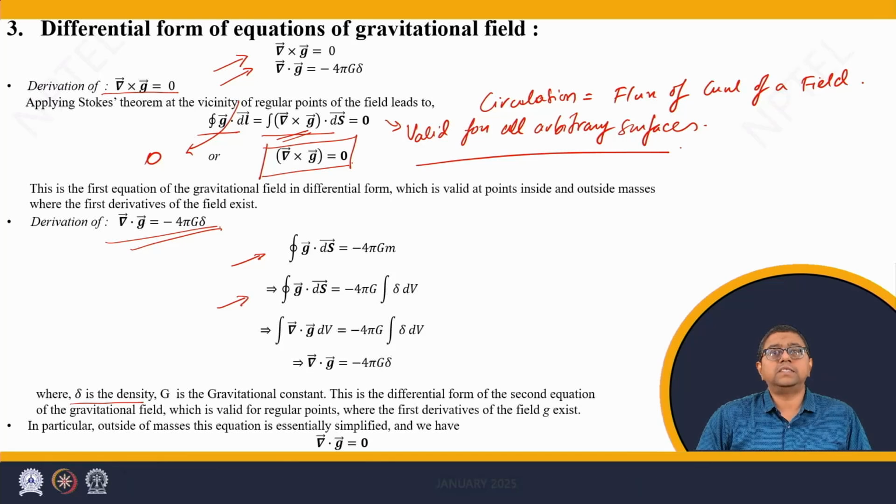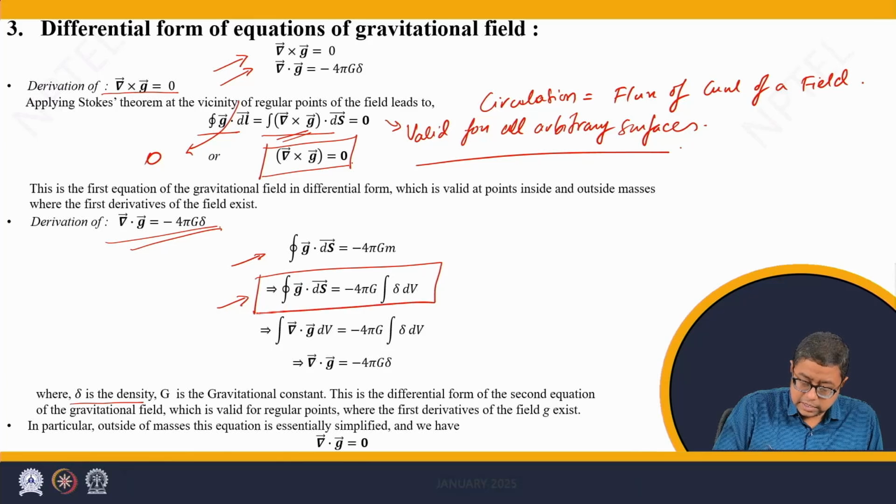Denoting M as the integral of δ dV, which is nothing but density times volume, we can obtain the integral g dot dS equals minus 4π capital G times the integral of δ dV.